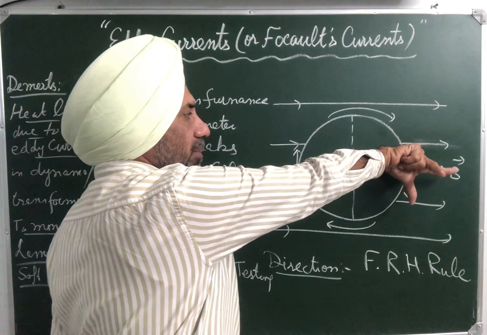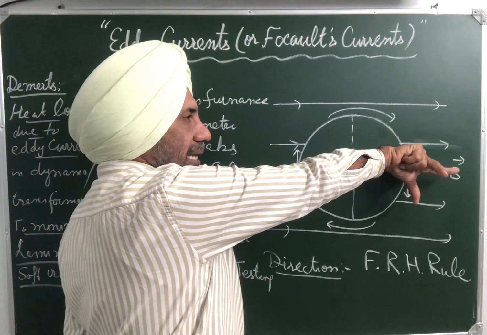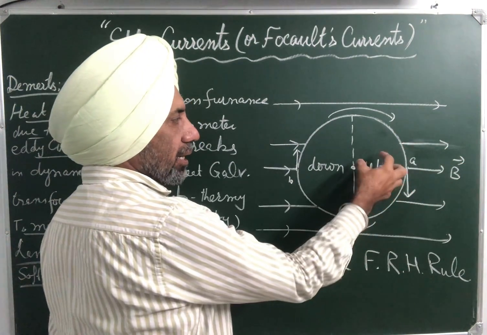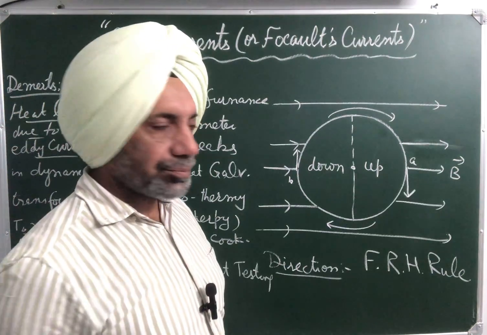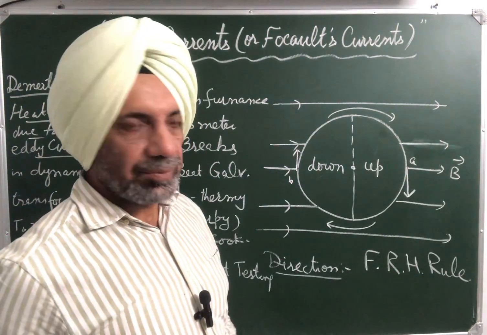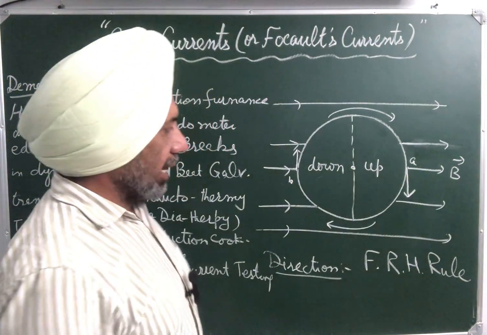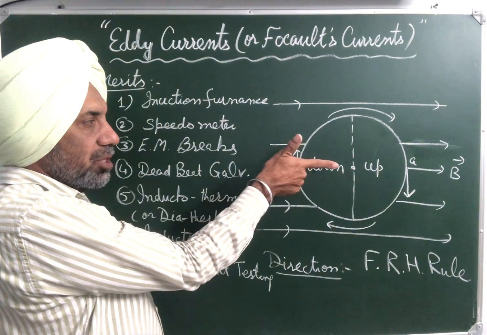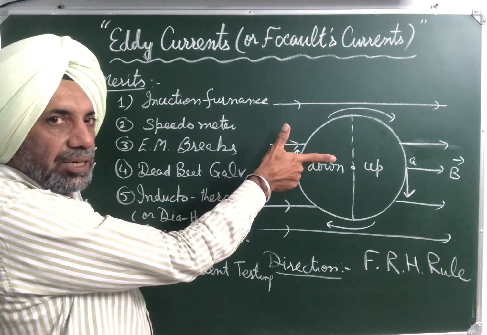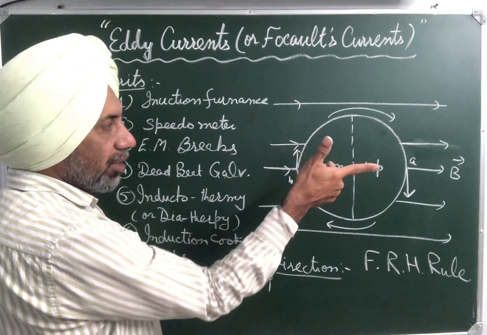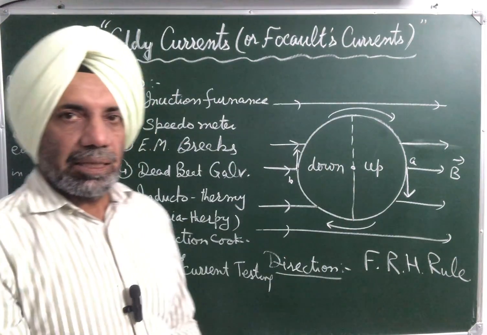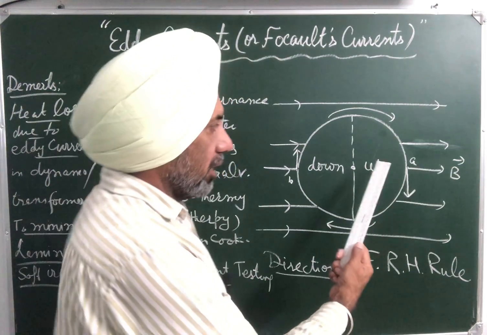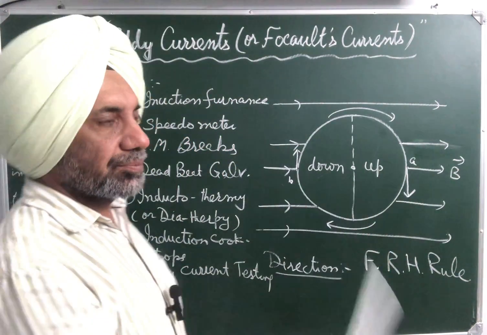So induced EMF will be parallel to the axis of the cylinder, in the upward or outward direction. In the left half, first finger again along the magnetic field, thumb gives the direction of motion, and the central finger gives the direction of induced EMF. It will be inward. In the left half, induced EMF produced in the cylinder will be inward, and in the right half it will be upward. It will form a closed loop like this.